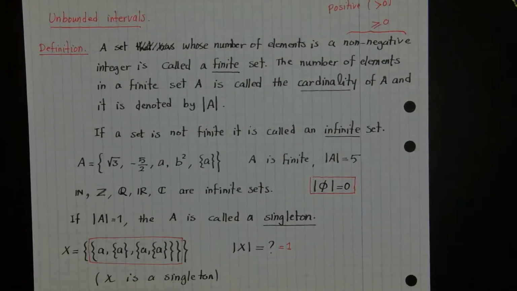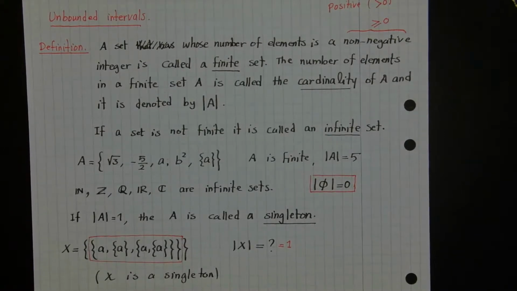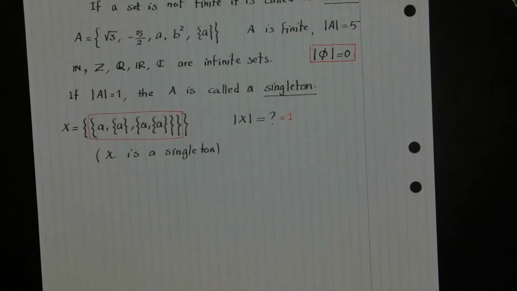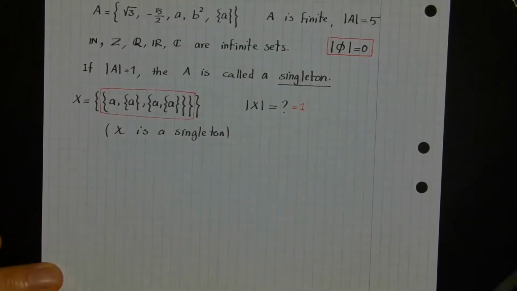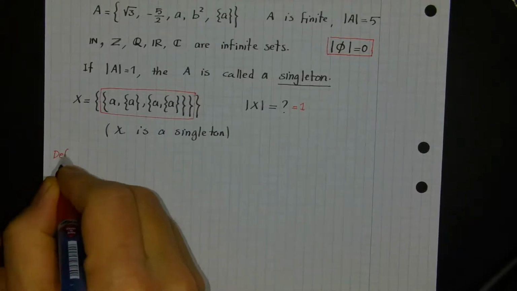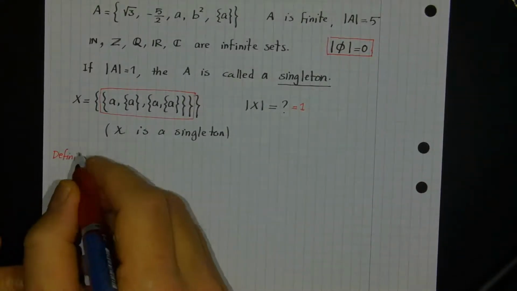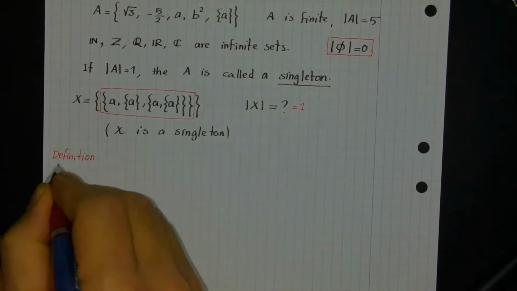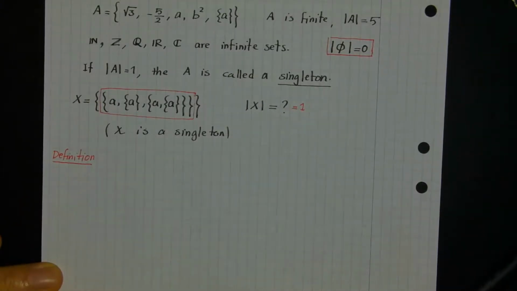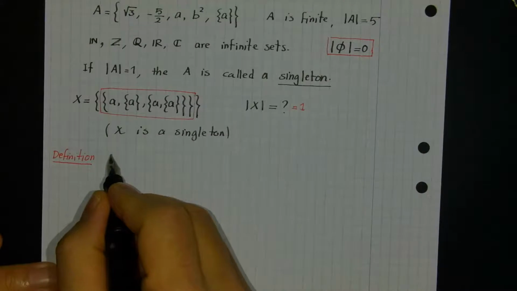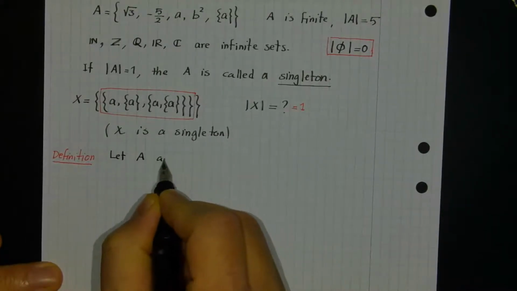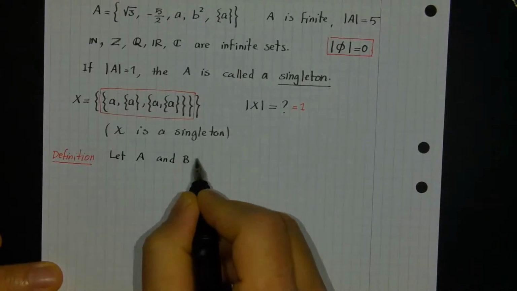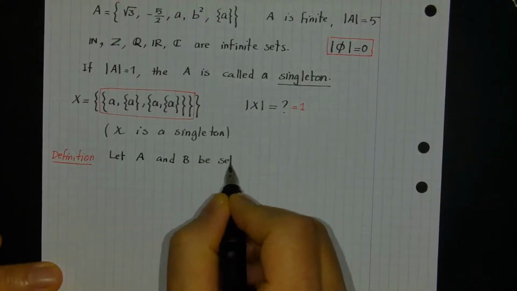Now we go to the very important notion of a set containing another set. Okay, so this is a very important concept. So, definition. Let A and B be sets.